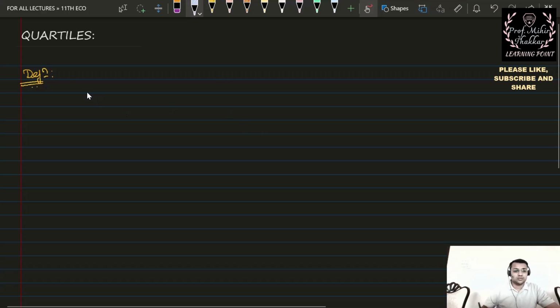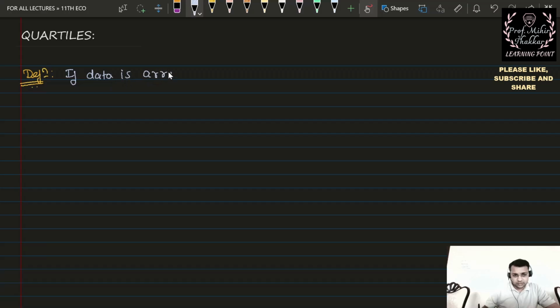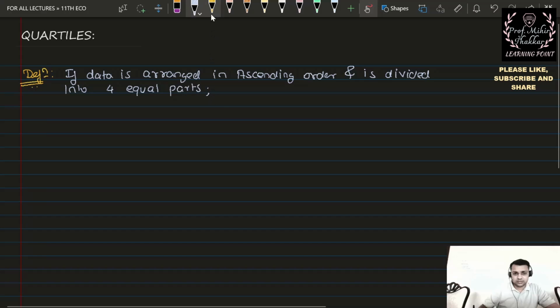The data is arranged in ascending order and is divided into four equal parts.